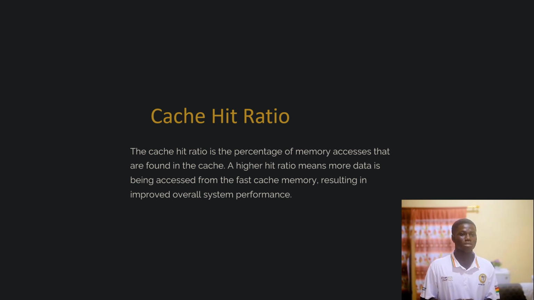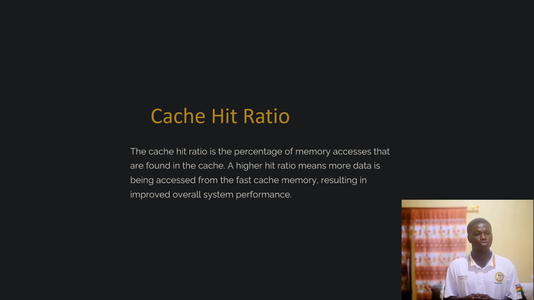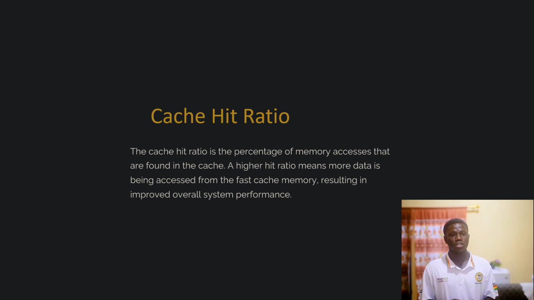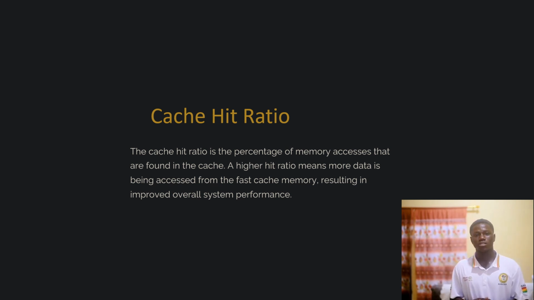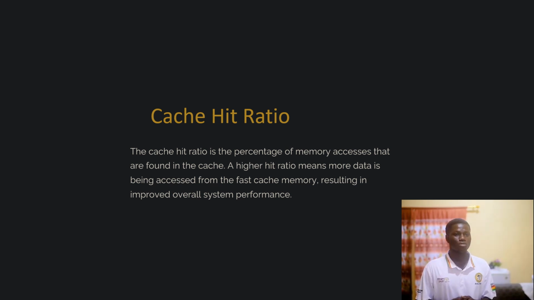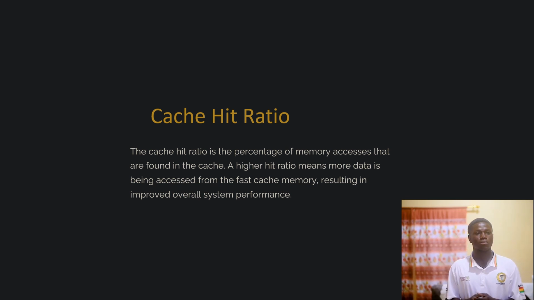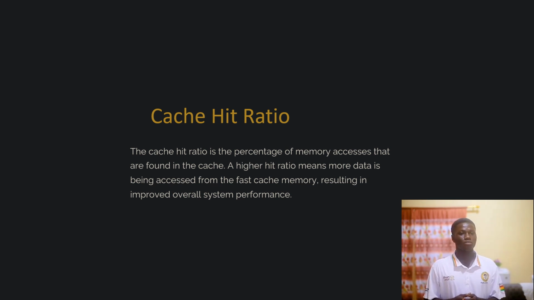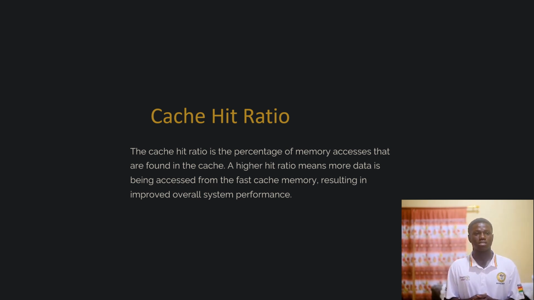Average access time is influenced by two primary factors: hit ratio and miss penalty. Hit ratio, represented as H, determines the percentage of requests that are satisfied directly from the cache or primary storage. Consider a cache system.